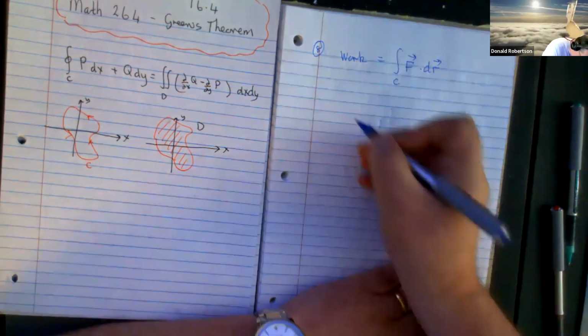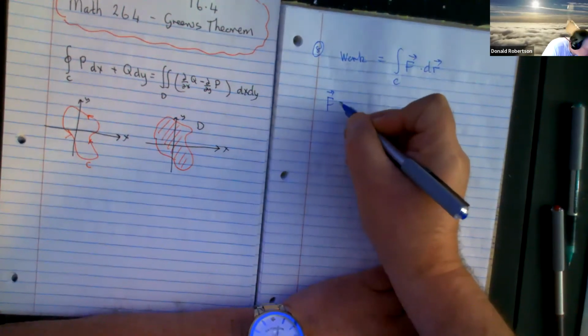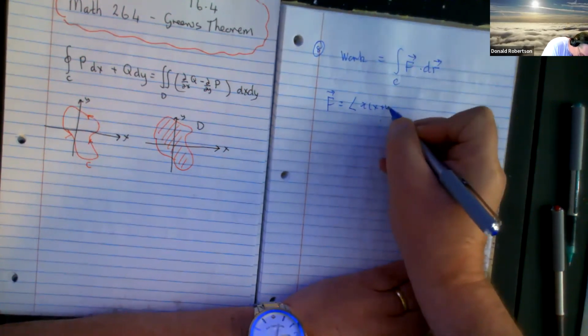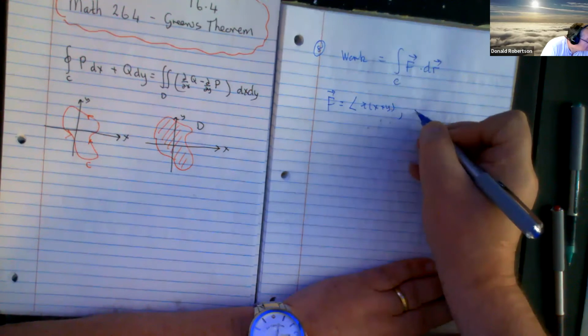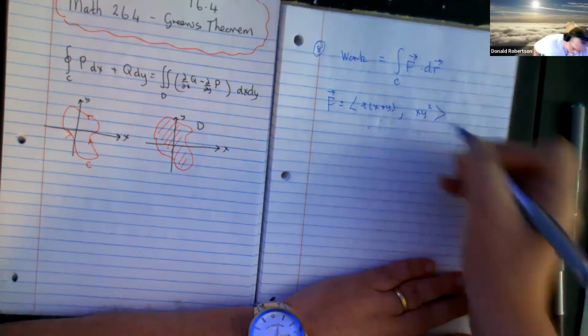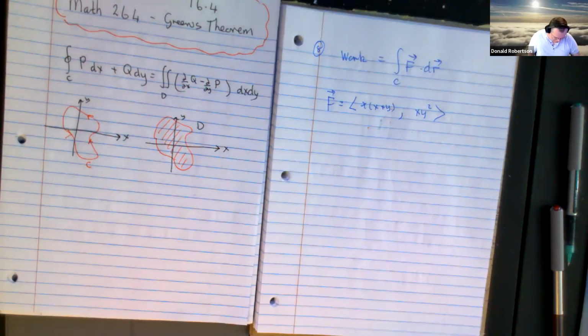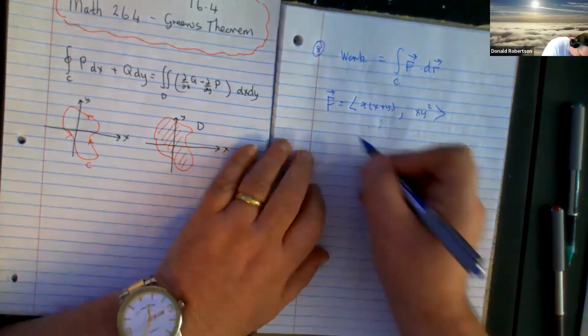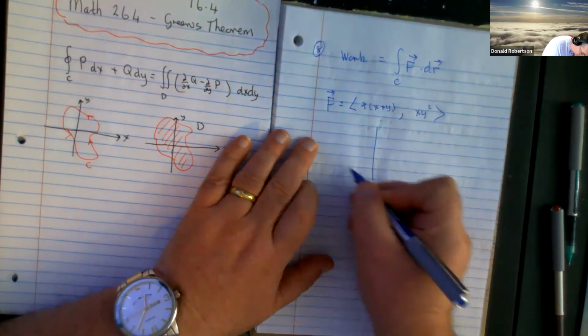Now, the vector field that they're talking about is this fella, that fella. And we are going to be doing it on region C, which I'm now going to try and draw.